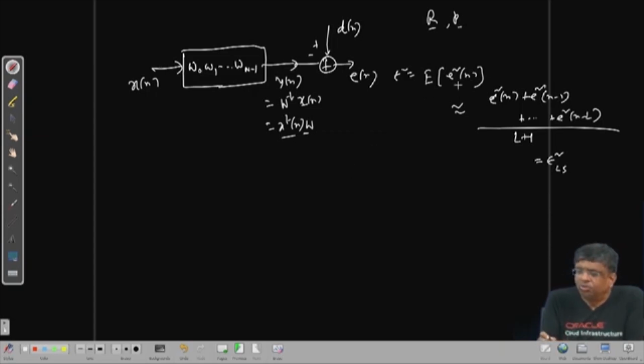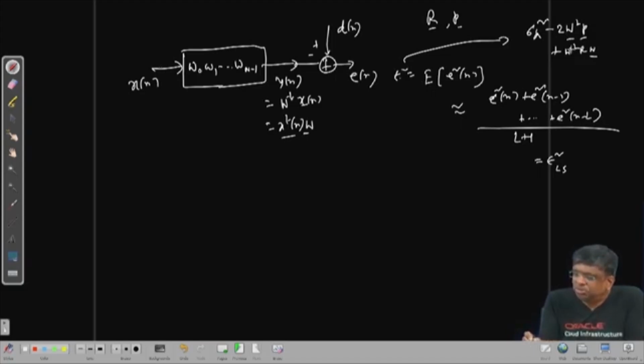When I was giving you epsilon square, I kept the filter weights as they are, and for that particular chosen filter weight, found out e square n, took the expected value, and we got that expression: sigma d square minus twice W transpose P plus W transpose R W. But it has P and R because of this E operator.